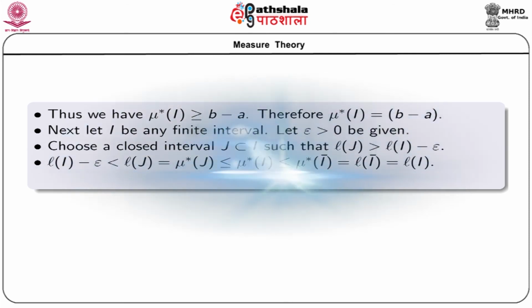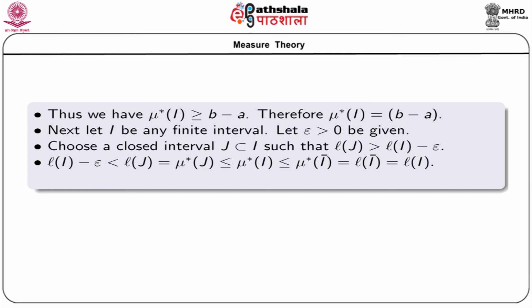Then we get this relation that l(I) minus epsilon is less than l(J), but we have already seen that for a closed interval, length is equal to the Lebesgue outer measure.